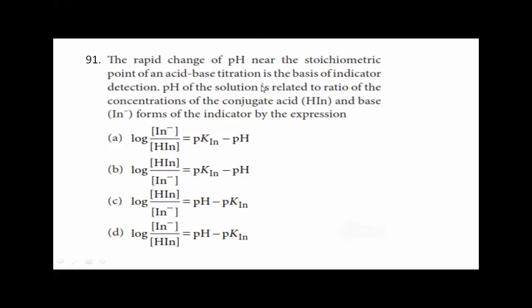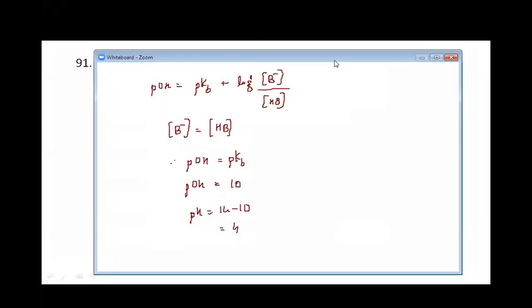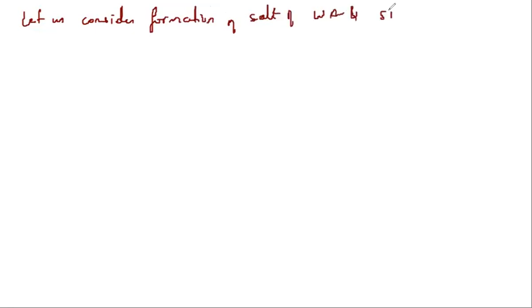Okay, let us solve it out properly and see what expression it forms. Let us consider the formation of a salt of a weak acid and a strong base. Okay, I'll write it here.